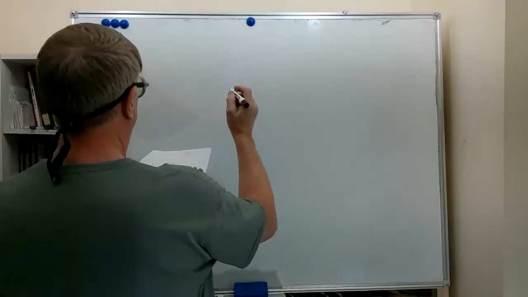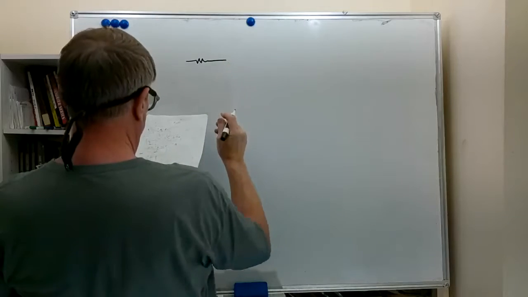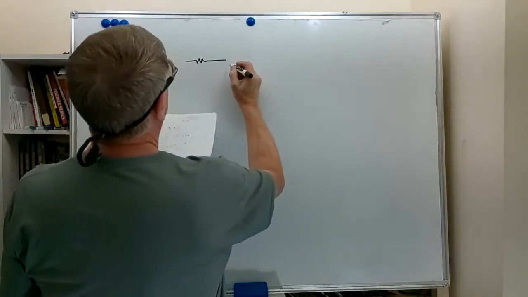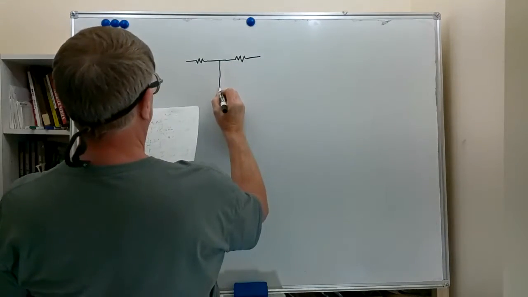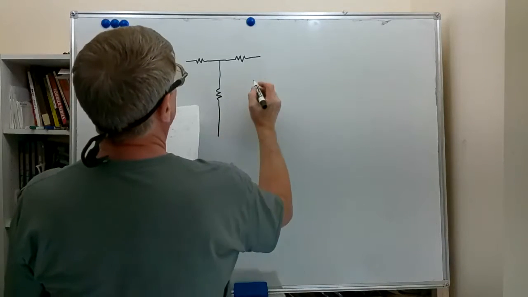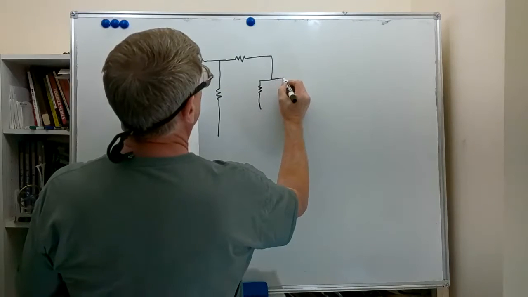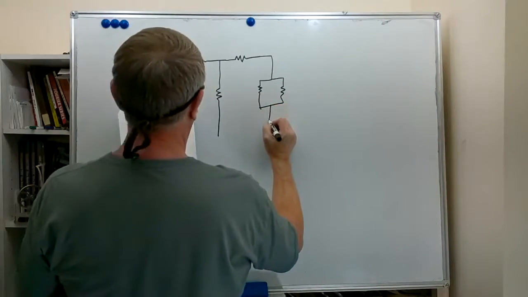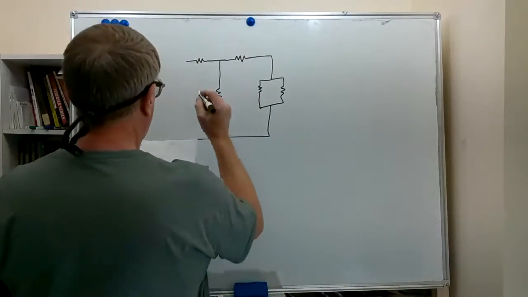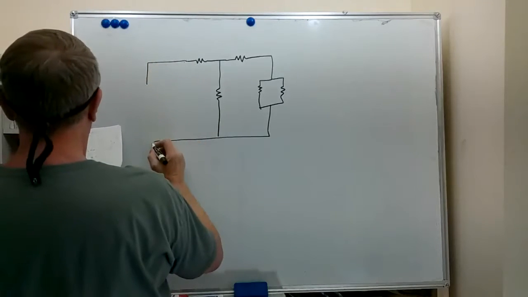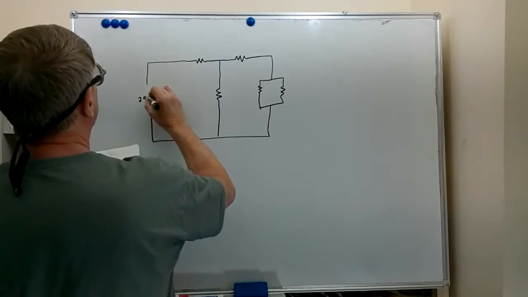So we're going to draw a circuit up here and we're going to have a resistor, another resistor, and we're going to supply this with a 200 volt supply.